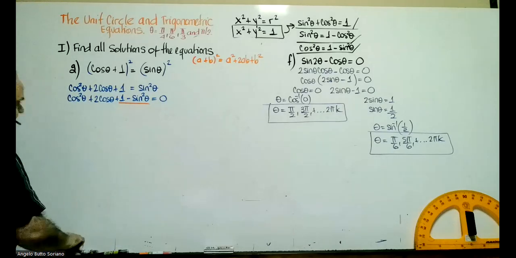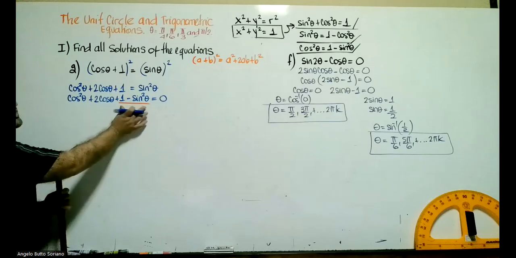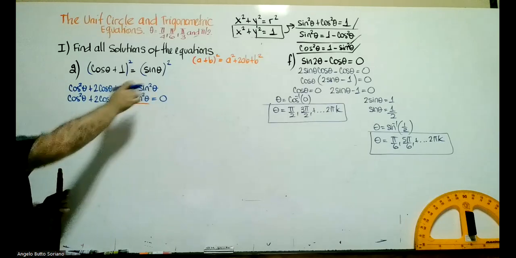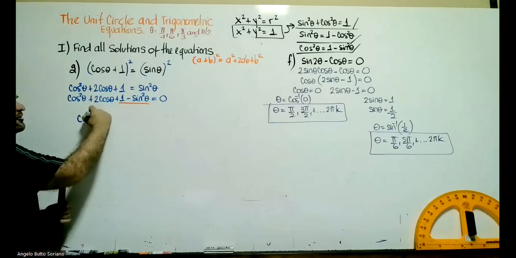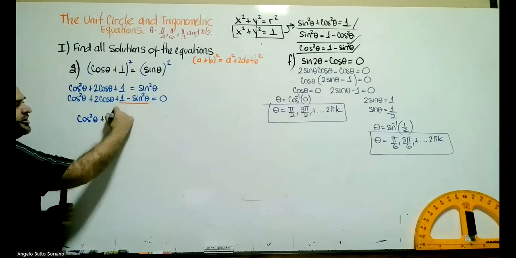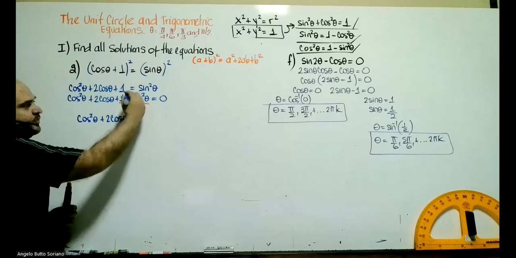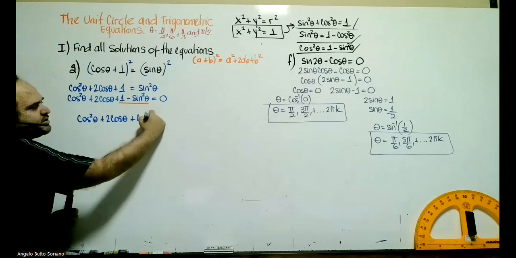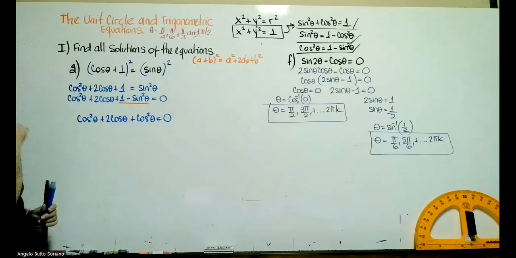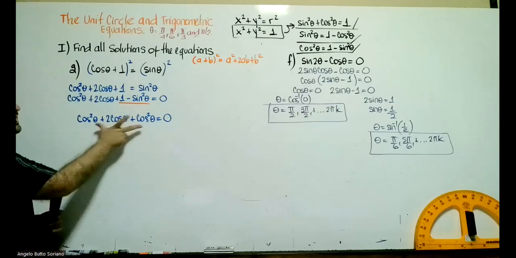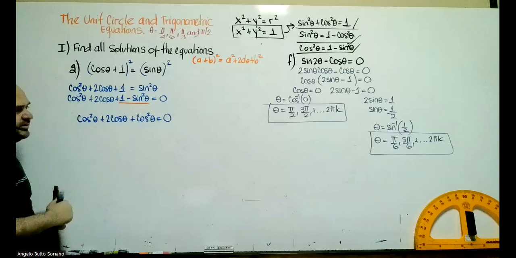So in this part, we can change this expression to cosine squared theta. I'm going to copy again: cosine squared theta plus 2 cosine theta plus cosine squared theta, that will be equal to 0.